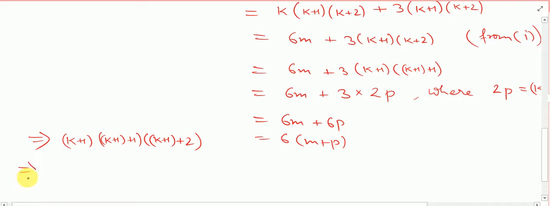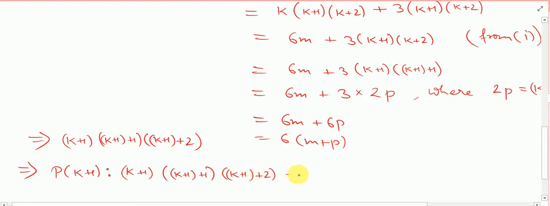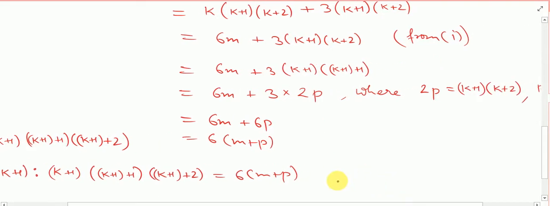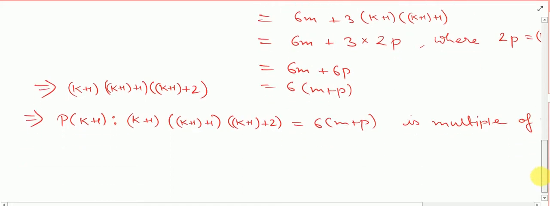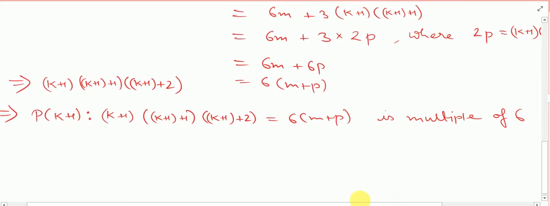So this implies the statement P(k plus 1) is a multiple of 6.